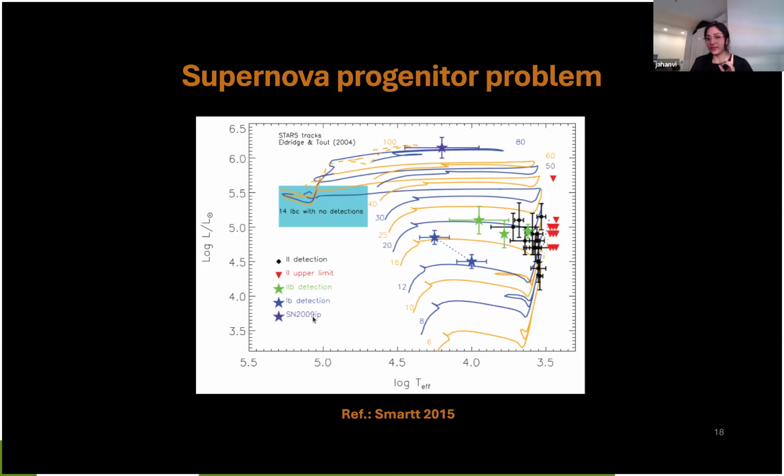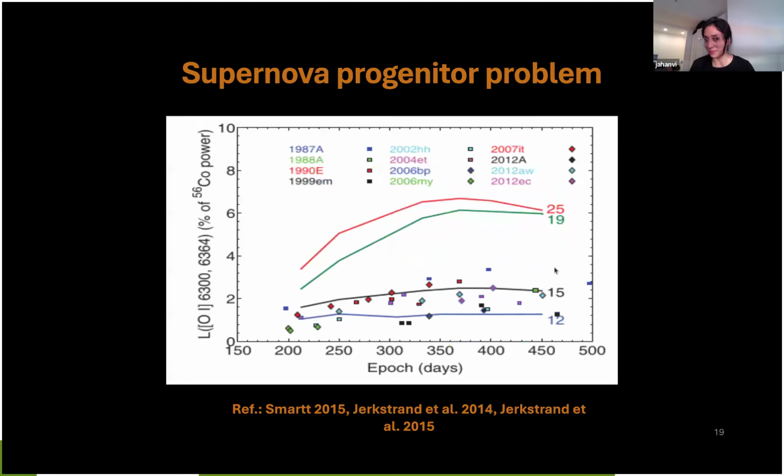Now you can say, but this point we see here is exceeding the limit. Yes, but we don't know the nature of the supernova, basically, so we cannot conclude anything from this one point. Okay, so we have the problem. Again, what they did is they took supernova explosion models for different progenitor masses: 12 solar mass, 15 solar mass, 19 solar mass, 25 solar mass.